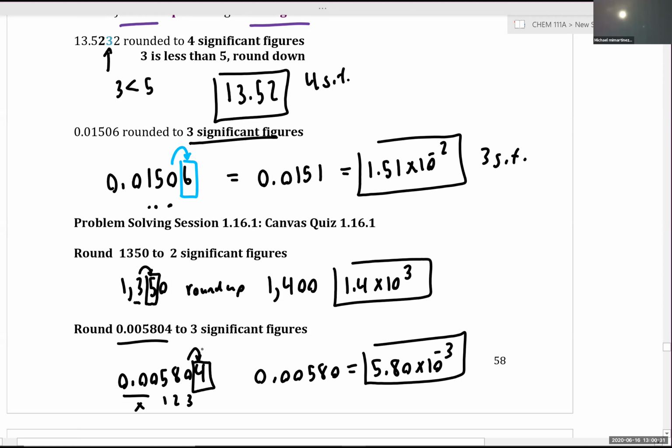And to determine whether we round up or down, we look at the next digit past our last significant figure, and we figure out whether it's greater than or less than 5. That determines whether or not we round up or down. So notice, this answer has 3 sig figs. Does that make sense? If that 4 were to be a 5, would that 0 turn into a 1? Exactly.